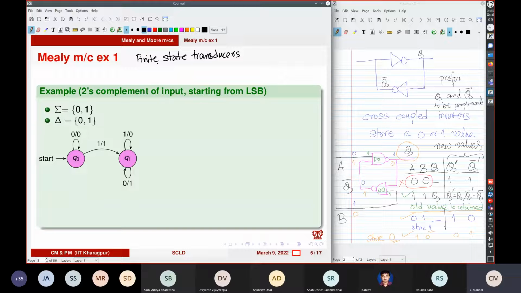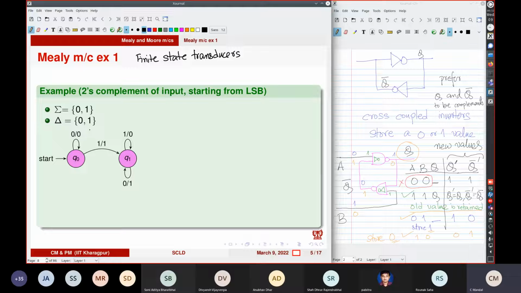It takes sound waves, which are basically mechanical inputs, and in response produces some electrical output. So here, of course, the input is a bit stream. The input is really a symbol from the input alphabet, and the output is a symbol from the output alphabet. So in that sense, it's a transducer.